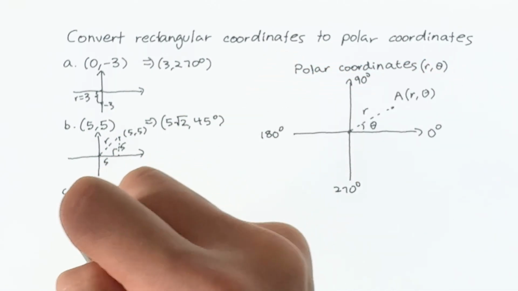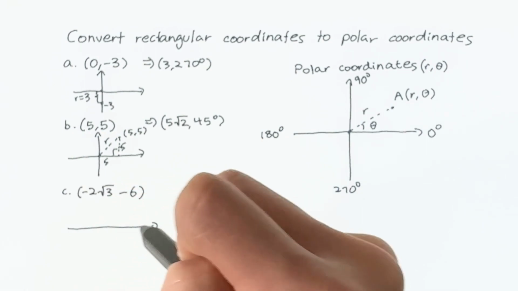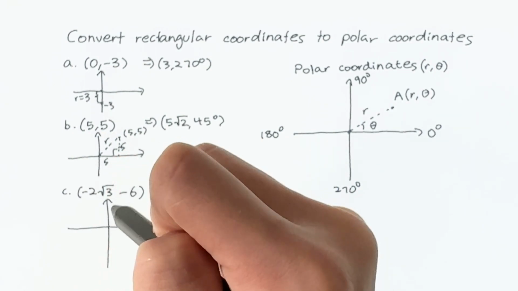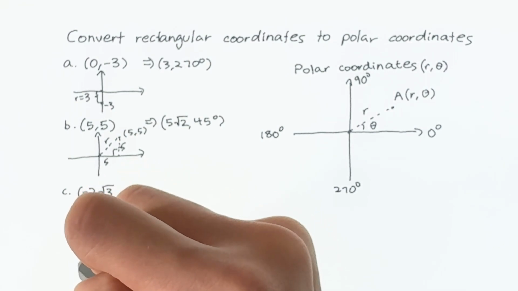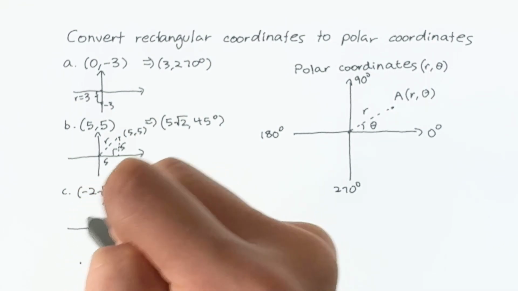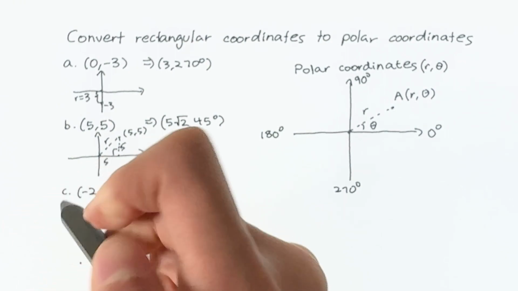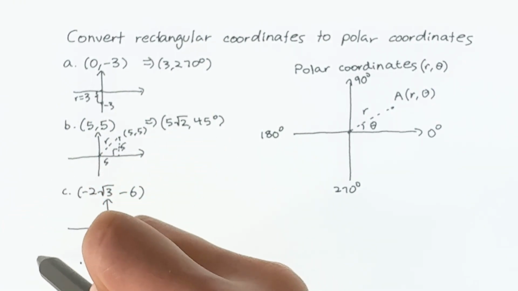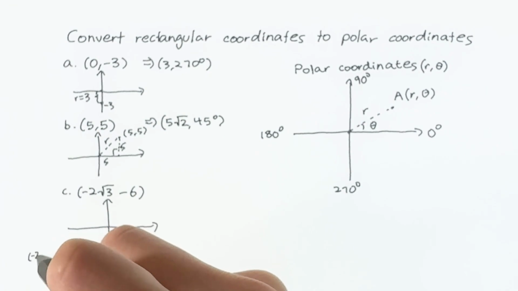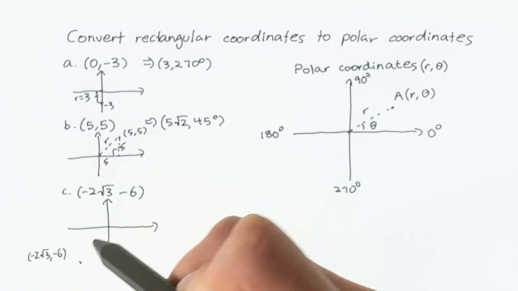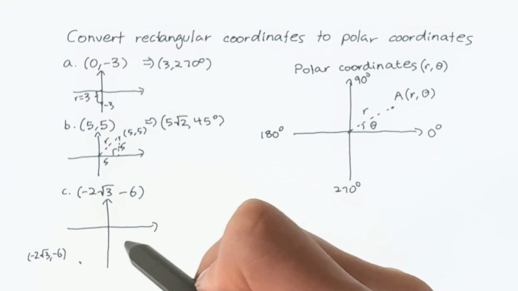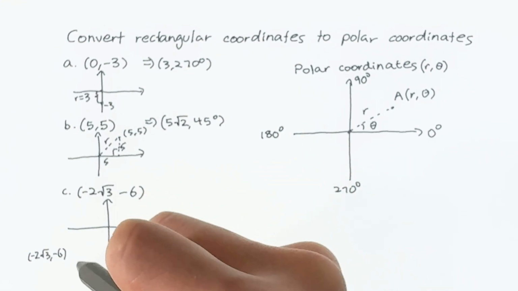Now, for the last one, we can call this point (-2√3, -6). Then, once again, we can construct a right triangle.